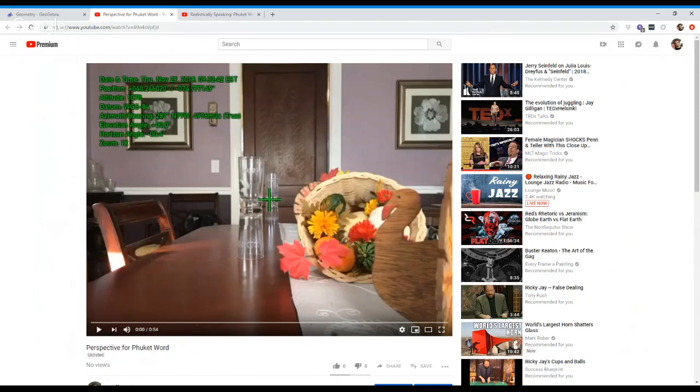Each of the glasses is 5 1/8 inches tall, so that makes the total structure 10 1/4 inches tall. The first pair of glasses, the closer one, is 30 inches from the front of the camera, and the further glasses are an additional 29 inches beyond that.